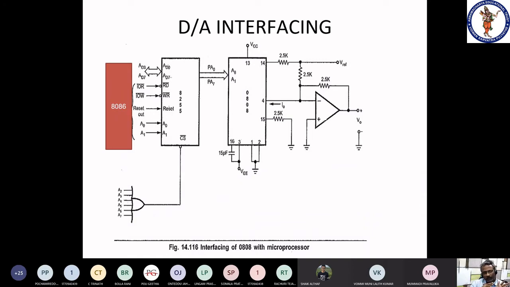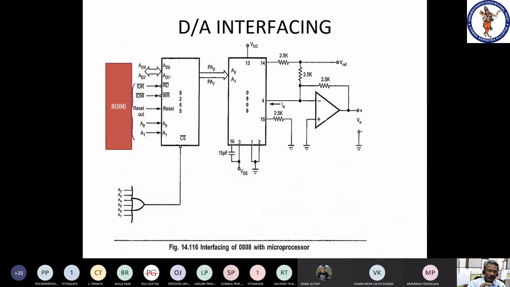The data is sent out from the 8086 processor, so whichever port you select should be an output port. So the first point is deciding the number of ports required, and the second is identifying whether that port is an input or output port.